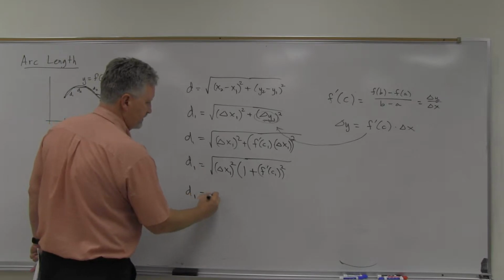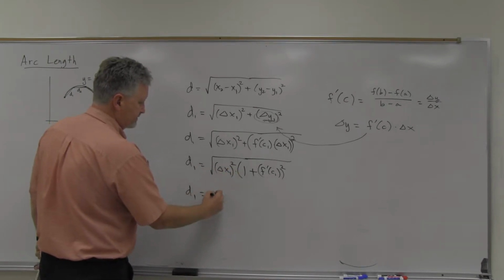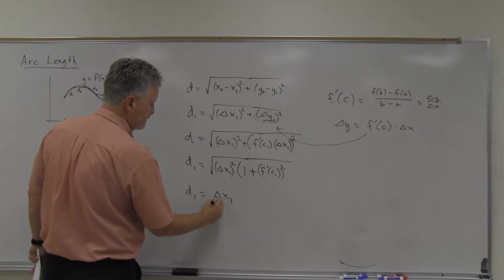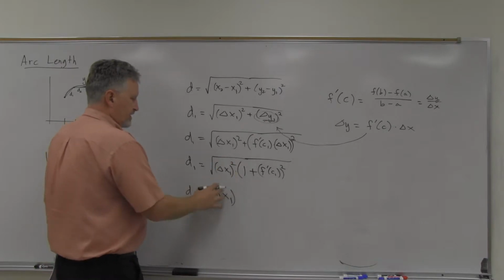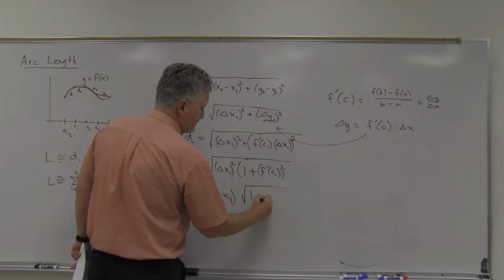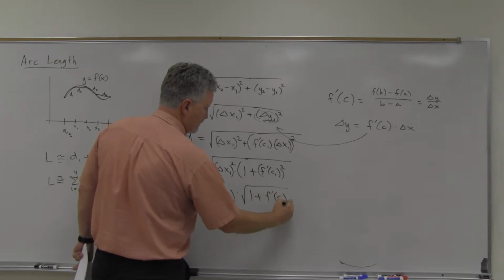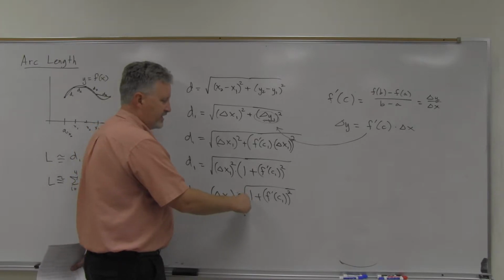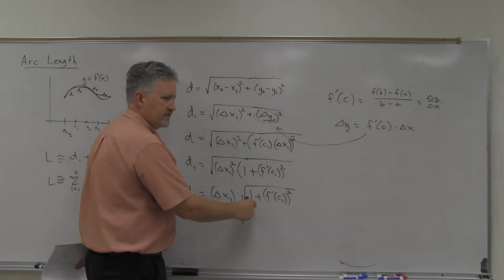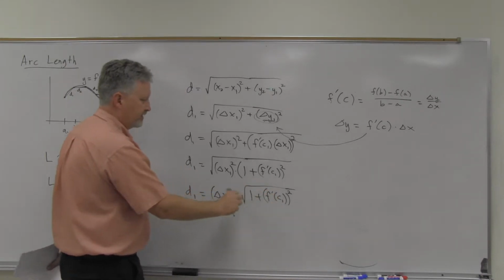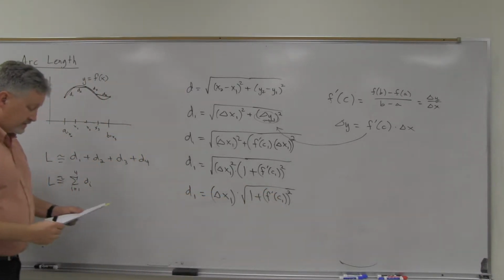And so d1 is delta x1, since the square root of delta x1 squared is just delta x1, times the square root of 1 plus f prime of c1 squared. Unfortunately, you can't do the same with that, because the square root of 1 plus something is not the square root of 1 plus the square root of something. But that's as good as it's going to get there.